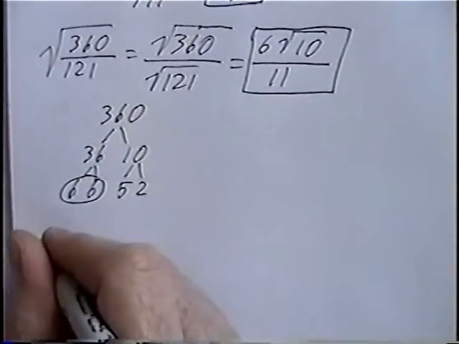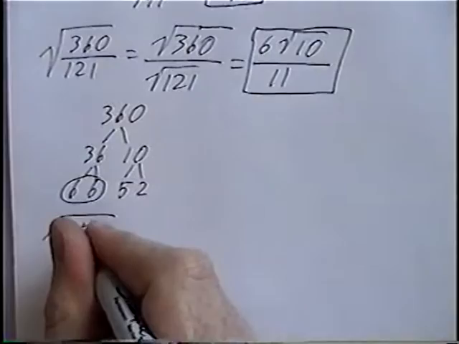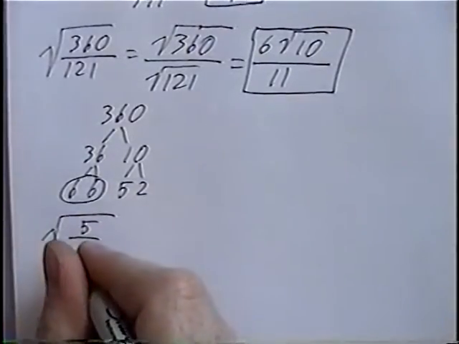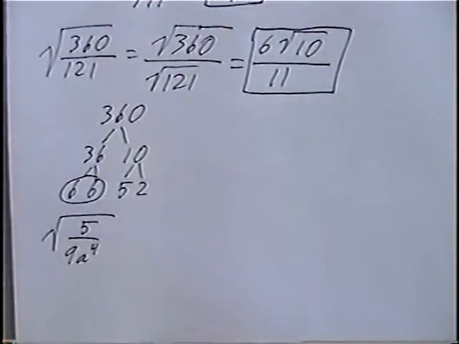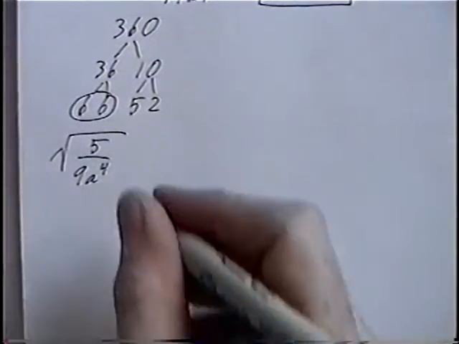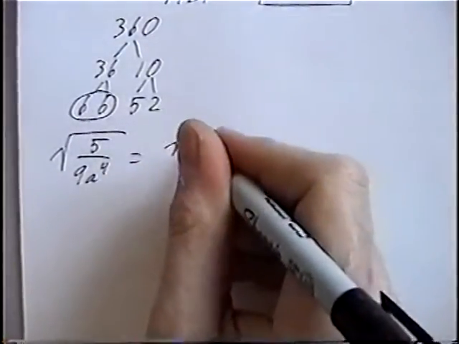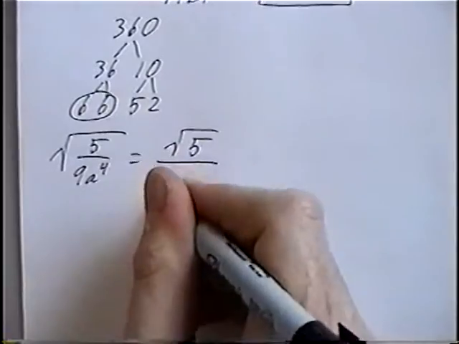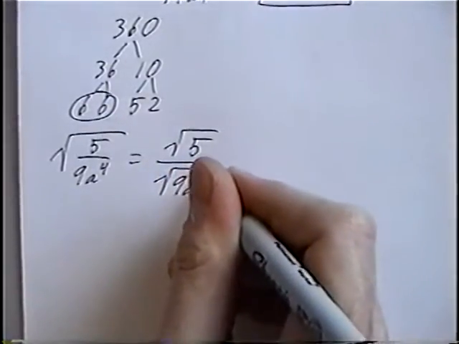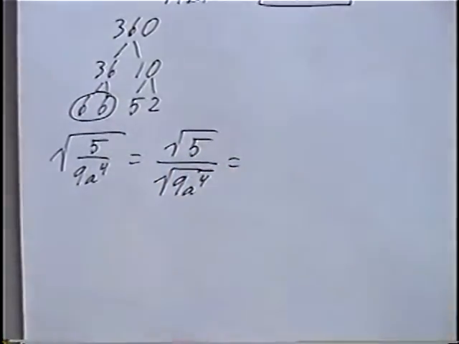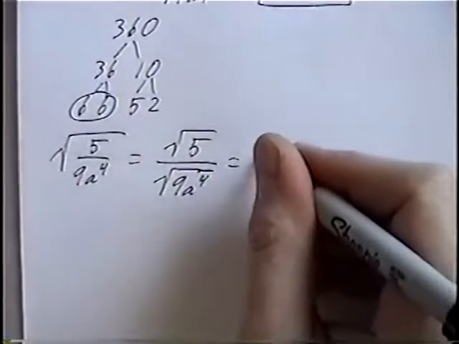Last problem for the section. Radical 5 divided by 9a to the 4th. And again, we can split this up with the radical of the numerator and a radical of the denominator. Radical 5 again would stay the same.